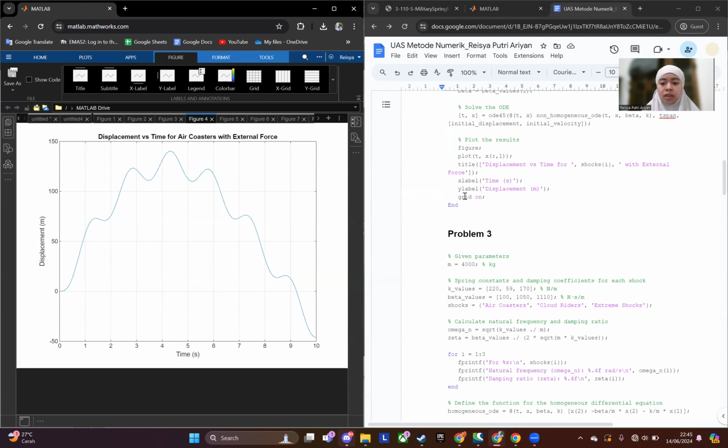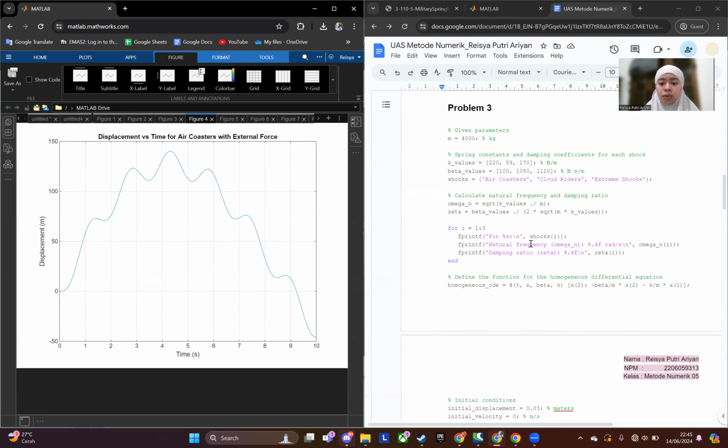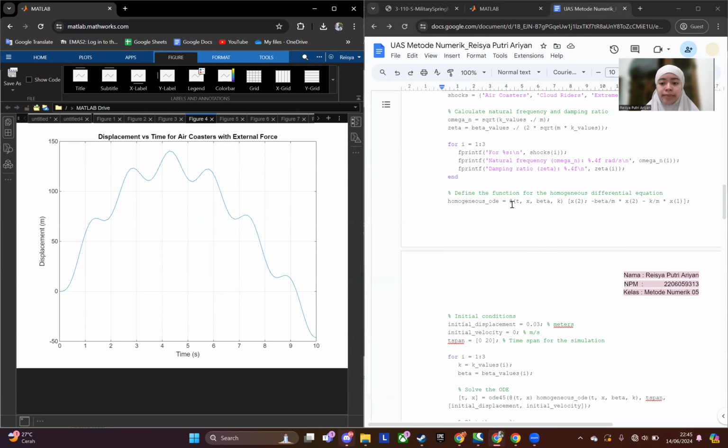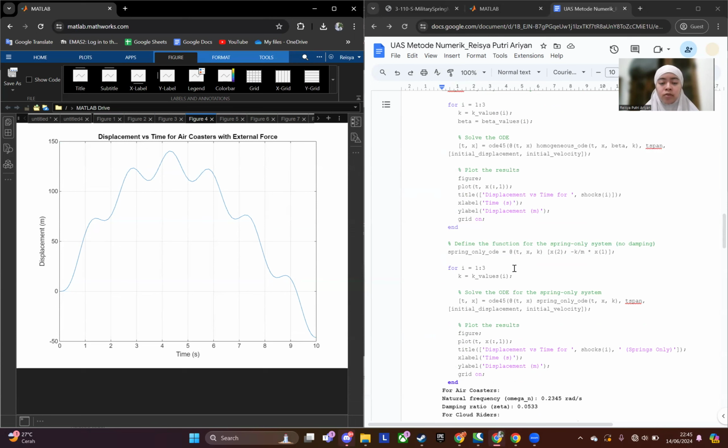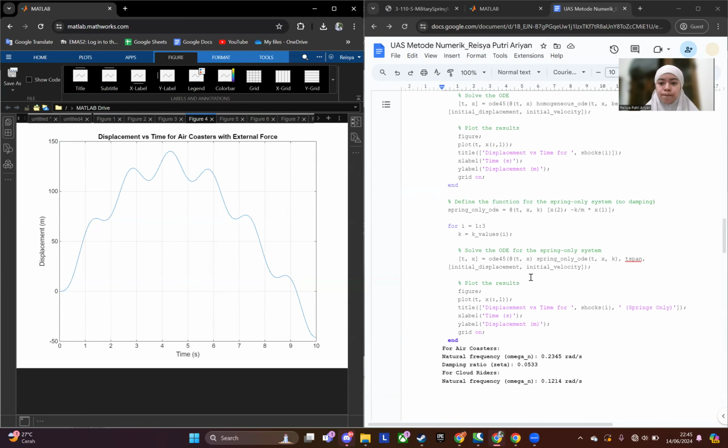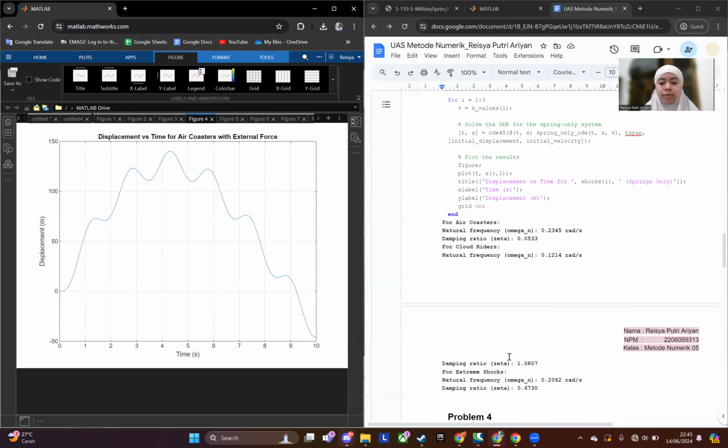And for problem 3, we have to define the function for the homogeneous differential equation, and the other parts I have already described in part 2.